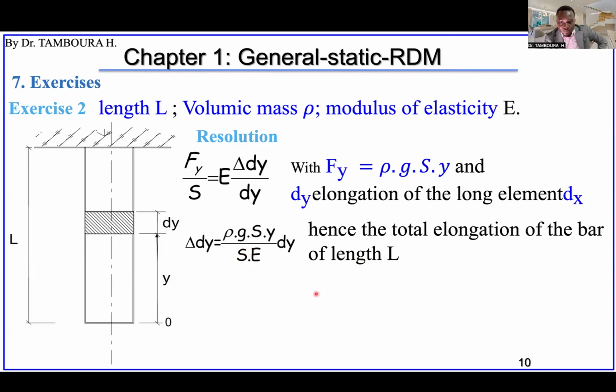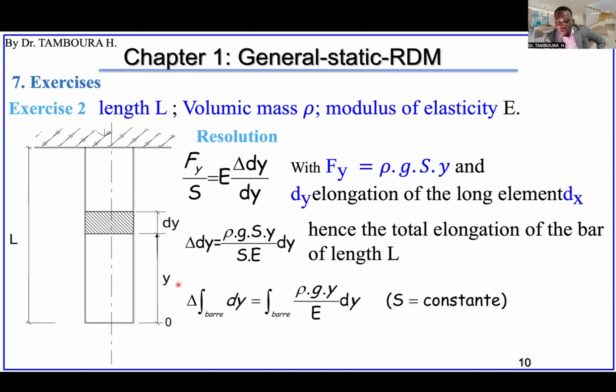Then we can obtain the total variation of the length by integrating along this bar from 0 until the end here. It means L, the total length is L, right?